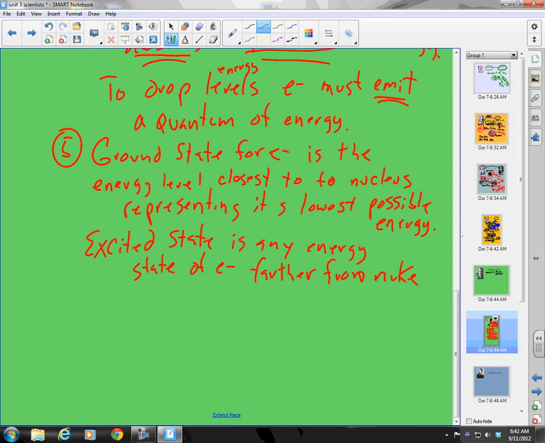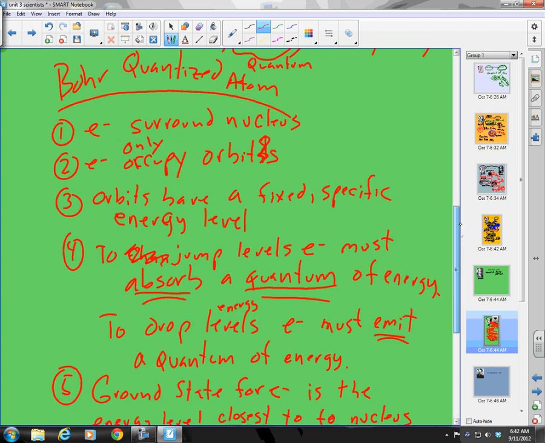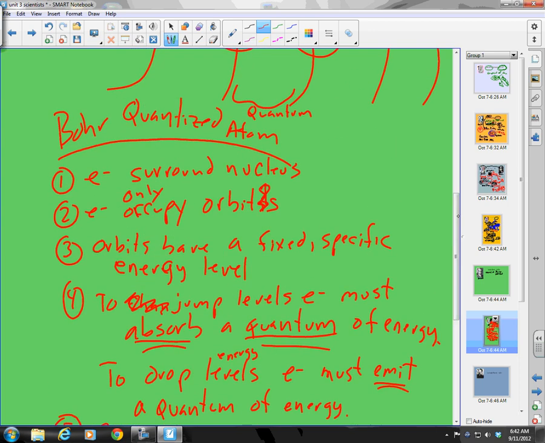If it's farther from the nucleus, that means higher in energy than the ground state. Okay? So that is Bohr. And like I said, I hope you do not find this boring, because I find it very interesting.